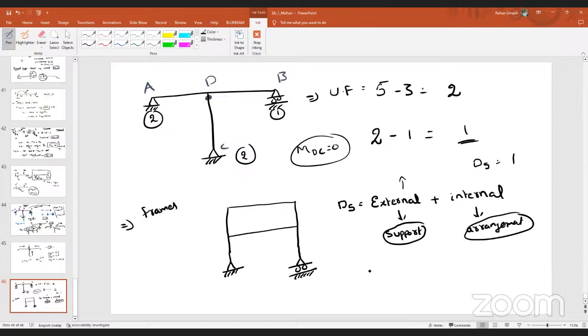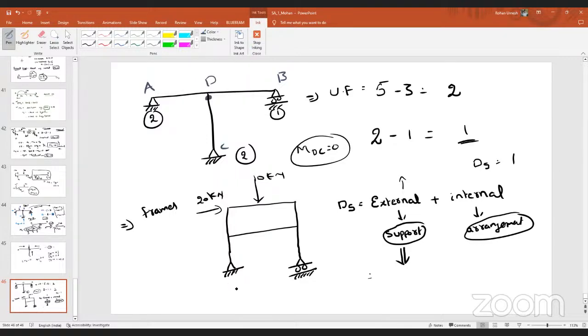Now, first of all, tell me, what is the external indeterminacy? That means just look at the supports only. If there are some loads acting like this, 10 kilonewton and 20 kilonewton, can you find out the reactions quickly? Can we or can we not? Look at the supports.